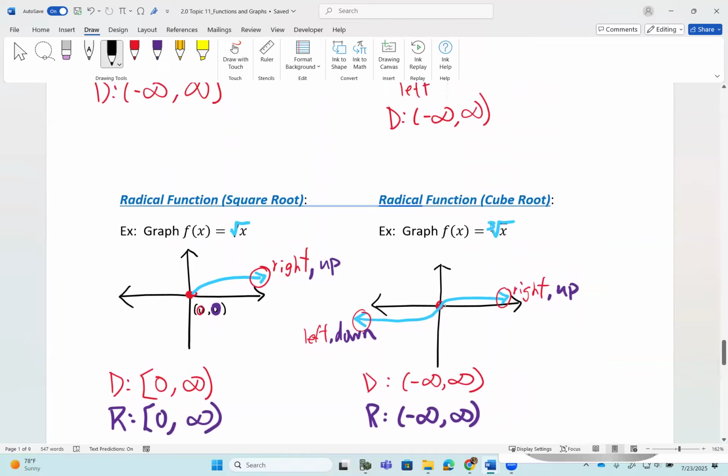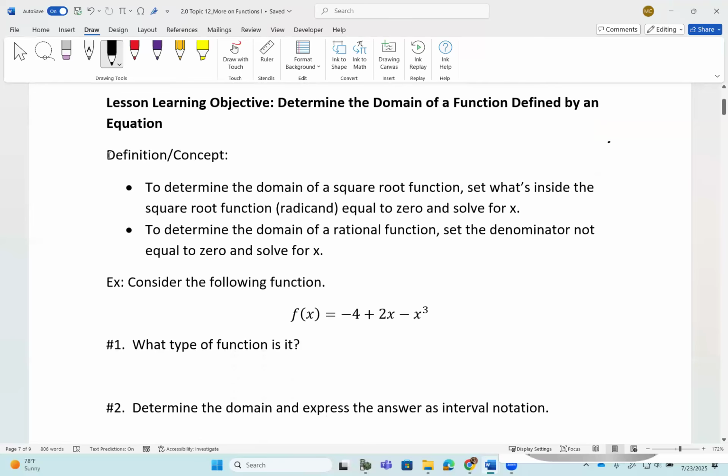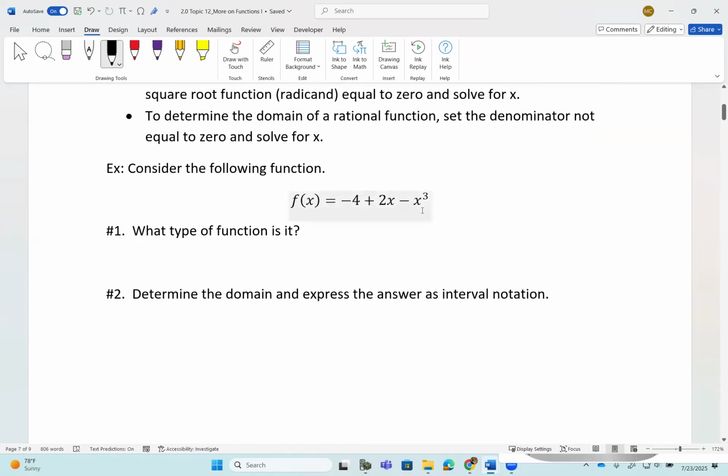So that being said, let's take a look at more on functions. We will come back to these two definitions for the domain of a rational function and a square root function. So let's look at this one.